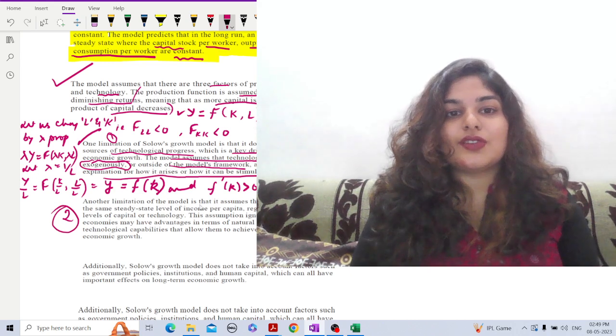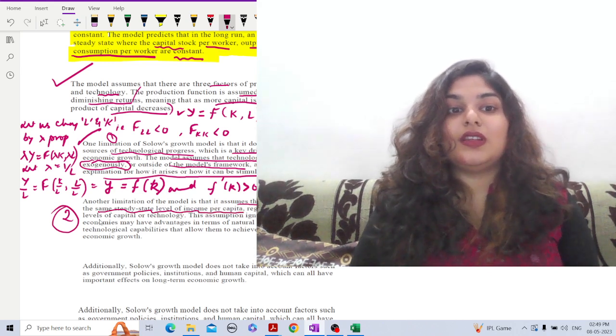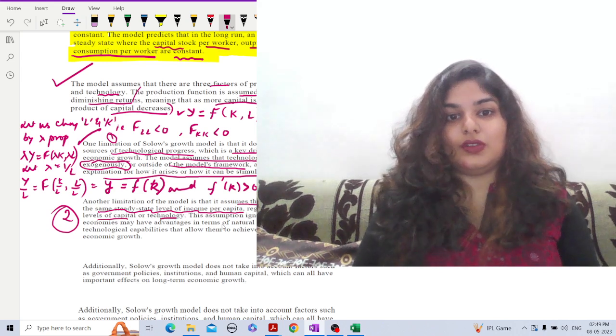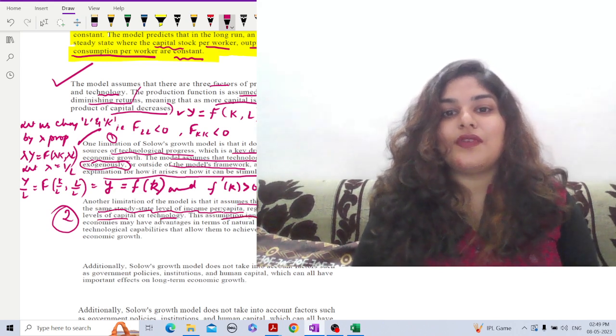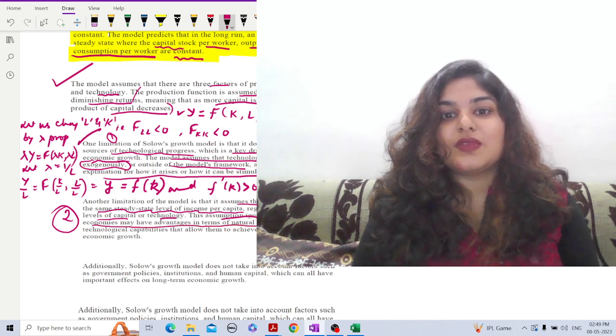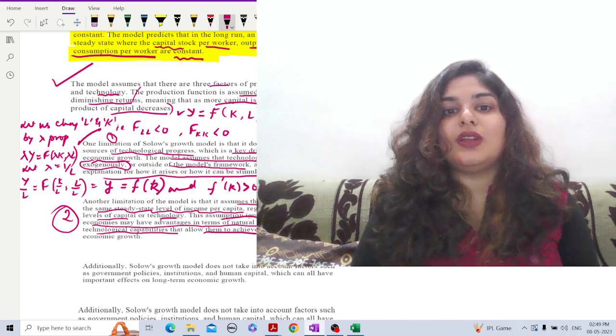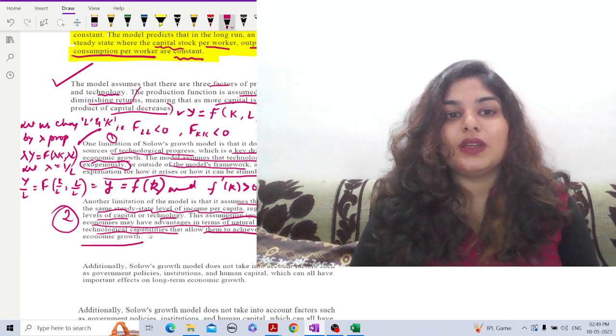So another limitation of the model is that it assumes that all the economies have the same steady state level of income per capita, regardless of their initial level of capital or technology. So this assumption ignores the fact that some economies may have an advantage in terms of natural resources or technological capabilities that allow them to achieve a higher level of economic growth.